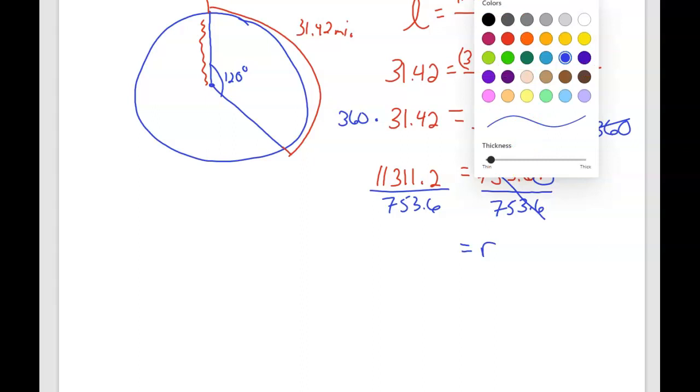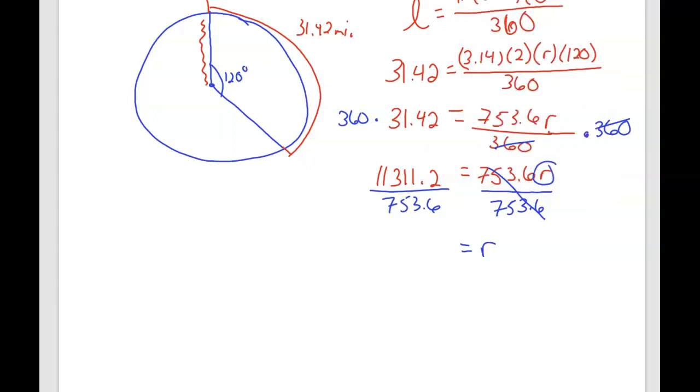And so the radius is approximately 15 miles. And I do say approximately for the simple fact we used 3.14. Okay? So you do have to do a little bit of algebra equation solving here. So you just have to be careful with the order of operations and everything.